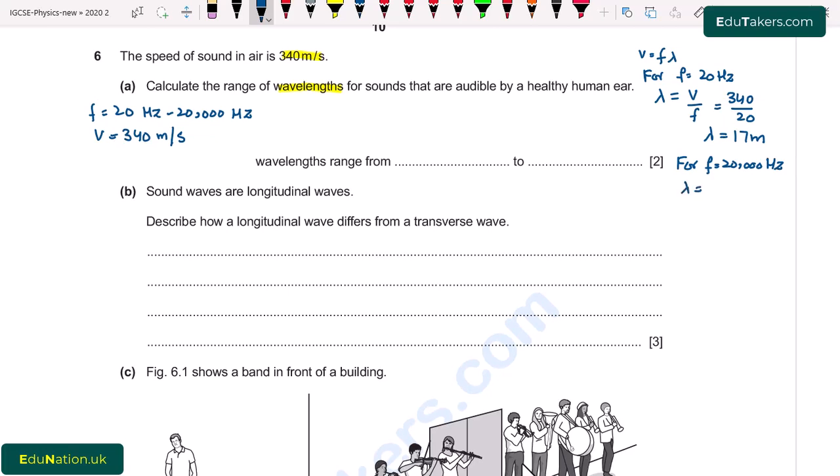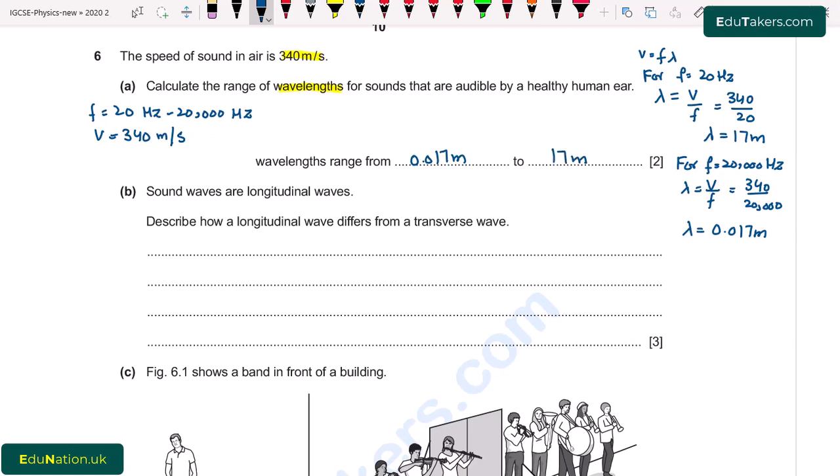Using the same formula, lambda is equal to V over f, which is 340 divided by 20,000. Wavelength comes to be 0.017 meter. So, for audible frequency and the speed of sound 340 meter per second, the wavelength ranges from 0.017 meter to 17 meters.